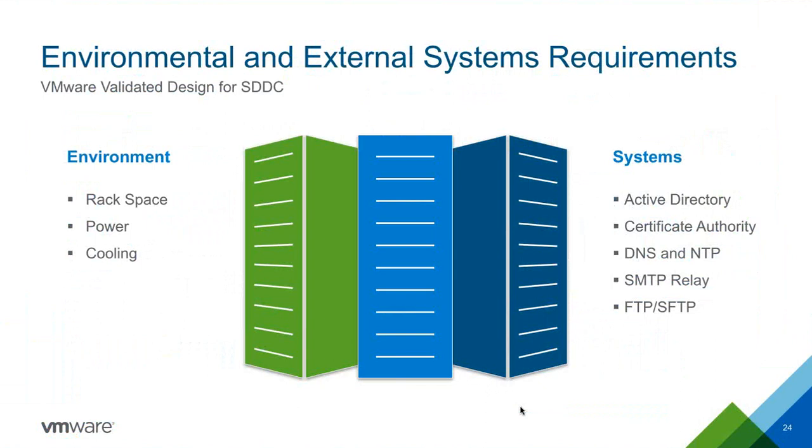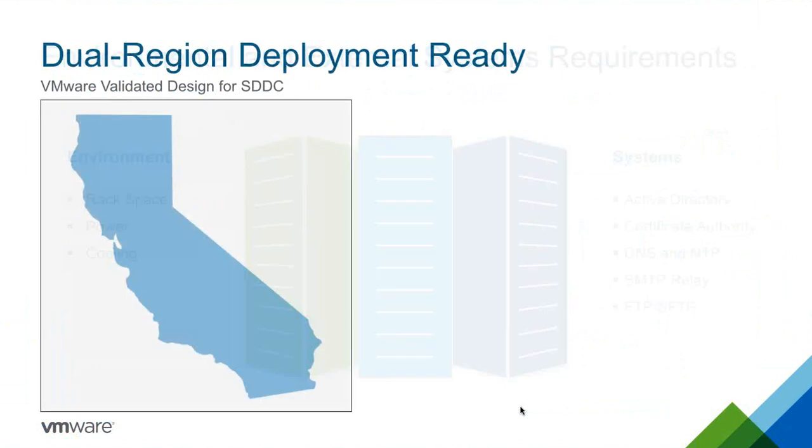We use that today primarily for NSX backups. Do we use it for anything else right now, Nick, besides NSX backups? I think that's the only piece that we use it for. Yeah, so those are the basic environmental and system requirements.